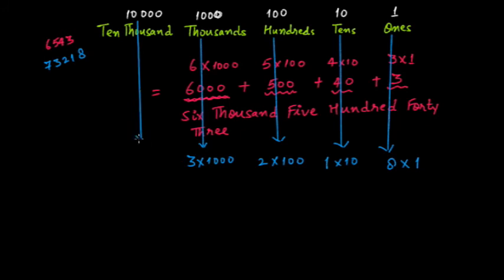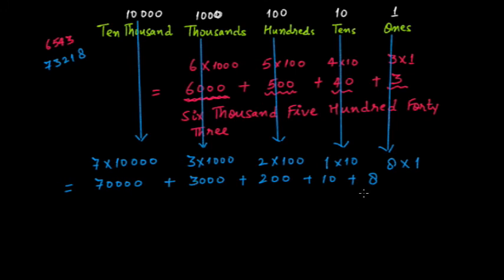At the 10,000 place will be 7 multiplied by its value, that is 10,000, which is 7 into 10,000 is 70,000. 7 multiplied by 10,000 is equal to 70,000, plus 3 multiplied by 1000 is 3000, plus 2 multiplied by 100 is 200, plus 1 multiplied by 10 is 10, plus 8 multiplied by 1 is 8.